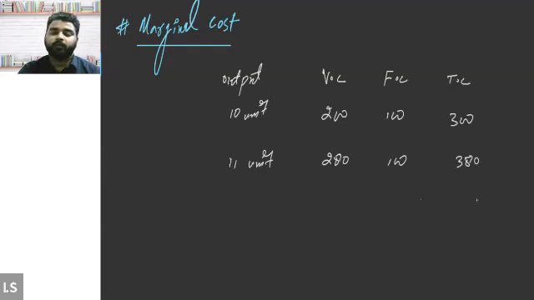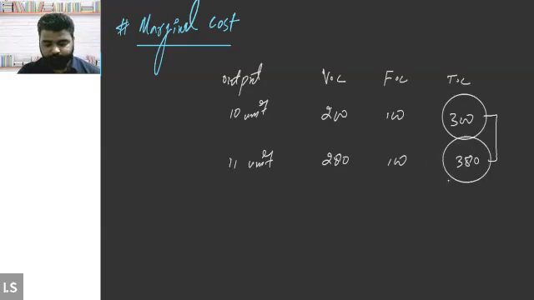Can you tell me, for producing 1 unit of extra output, how much extra cost he has incurred? For producing 10 units of output he was spending 300. Now for producing 11 units, he is spending 380. So what is the extra amount that he has spent? 80 rupees is the extra amount, correct? So this will be our marginal cost.